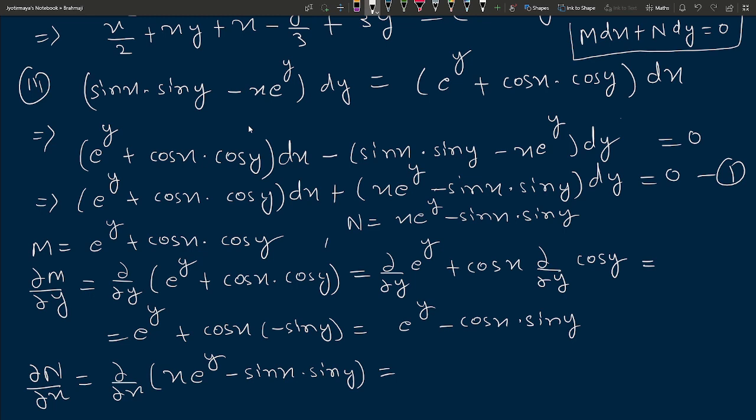So y is a constant. If y is constant, then e to the power y is a constant. So e to the power y, keep it outside, then derivative of x. Minus, y constant means sin y is also constant. So sin y will remain outside, then del by del x of sin x.